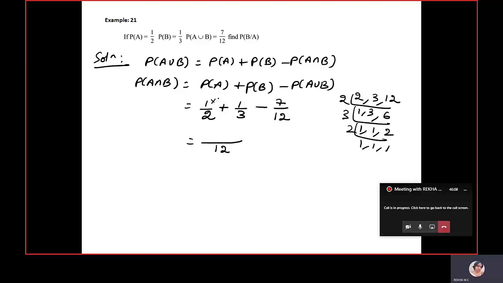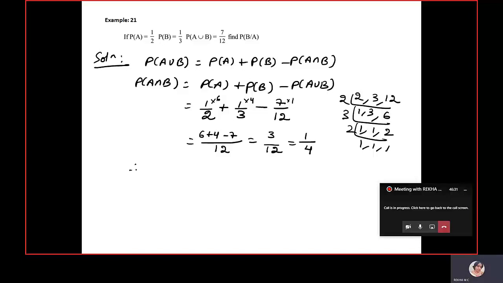So 2 into 6, 3 into 4, 12 into 1. So it is 6 plus 4 minus 7. So 10 minus 7, that is 3 divided by 12. So that is 1 by 4.